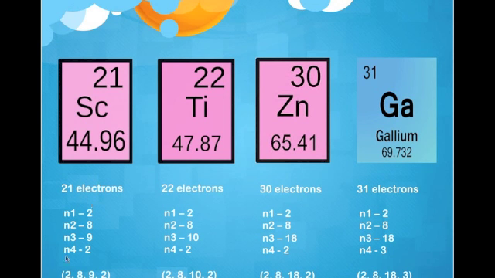Shell number 4, rather than being balanced at 8, says, you know what, I've got 2 here. 2's enough for me. Go back to 3. Okay, I've had enough of you. Don't give me your leftovers. Shell number 3 goes, all right, I'll take it. So the electron configuration changes: 2, 8, 9, 2.